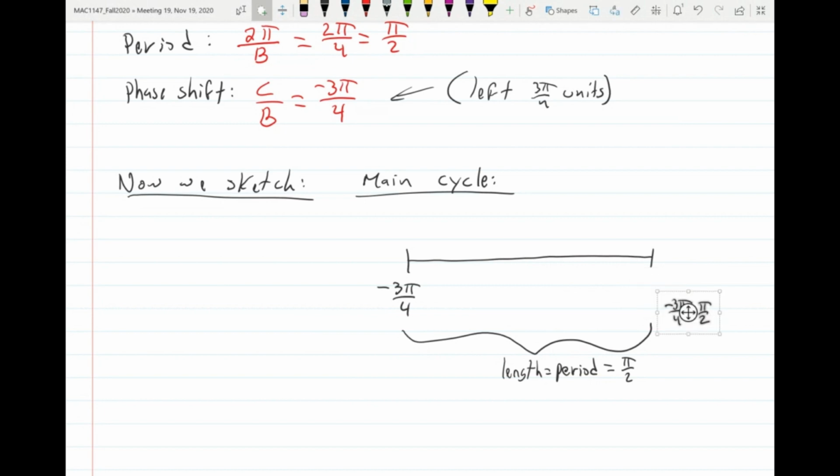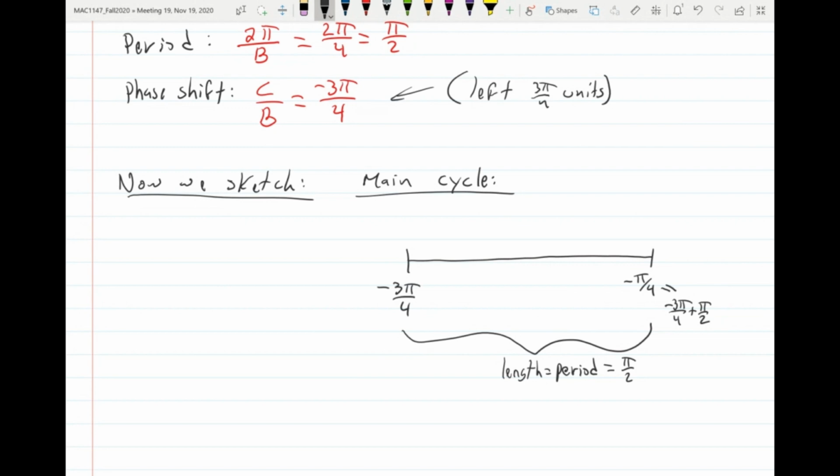Remember, you want to have the denominators the same. Multiply top and bottom by 2. So you're going to get negative pi over 4, right? And we get that by just doing negative 3 pi over 4 plus pi over 2.